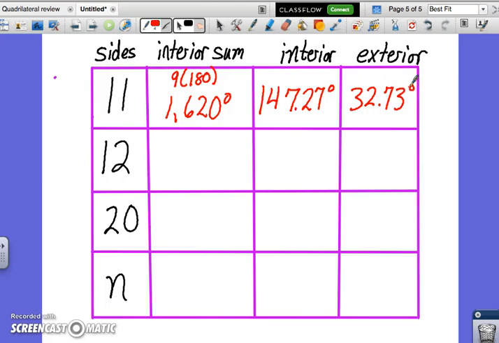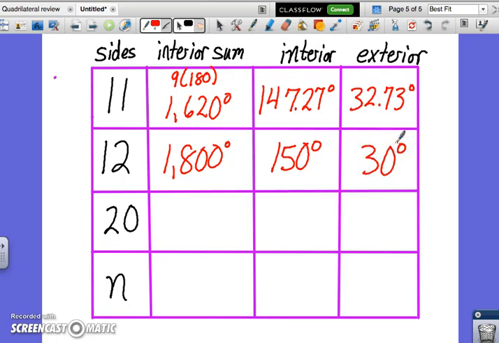This next one, 12-sided, is 1,800 degrees, and 1,800 divided by 12 means 150 degrees, which means our exterior angle is 30. And this is one where we're going to see dodeca.